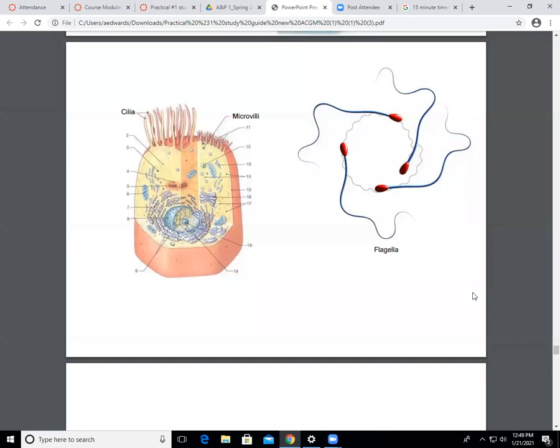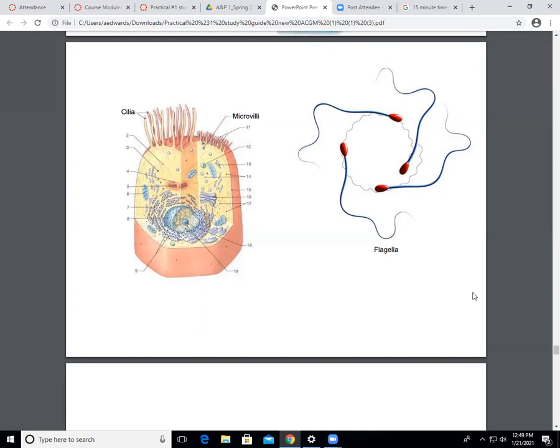Where are proteins made in your cell? There are two places where proteins are made. Before you get to the Golgi apparatus, the rough endoplasmic reticulum and free in the cytoplasm.